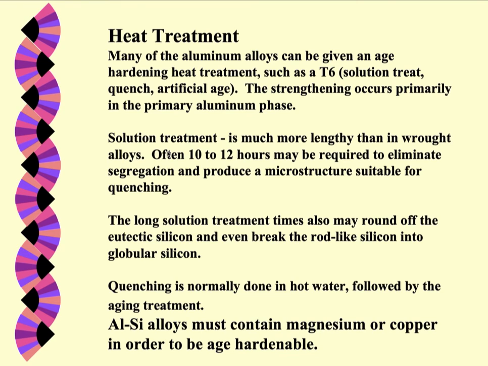Sometimes it's 10 to 12 hours in order to get all the silicon, and in this case, magnesium and silicon, into solution. So we have to soak it for 10 to 12 hours just under the temperature that it starts melting at.